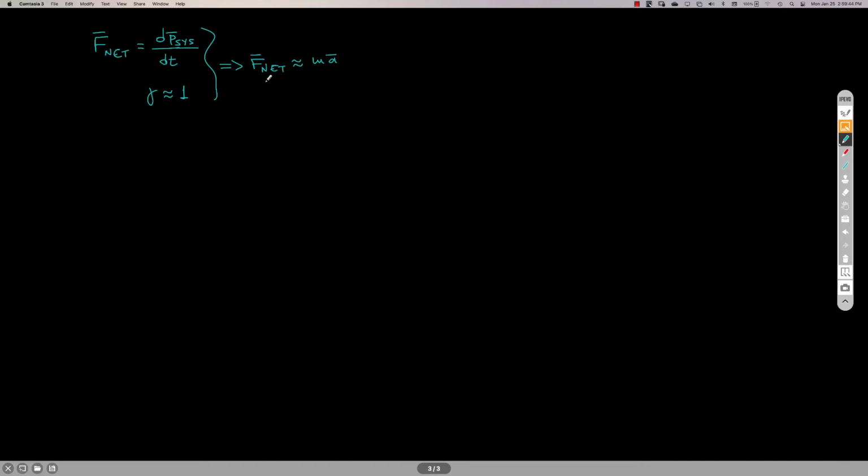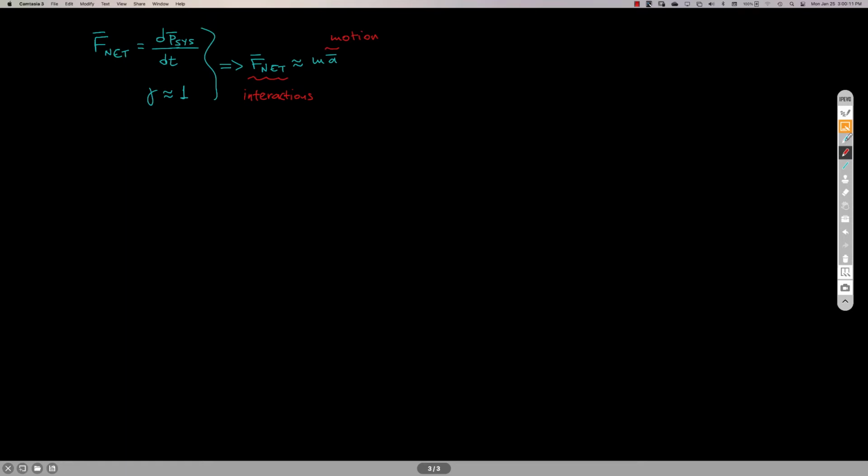Now, this physics principle relates net force, which describes interactions, and the acceleration, which is about the motion of the object.